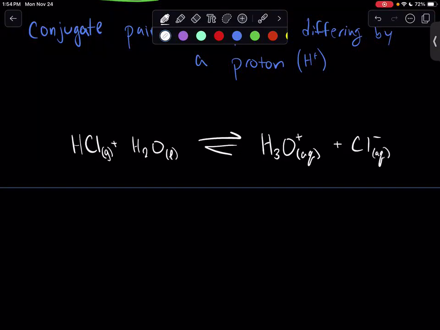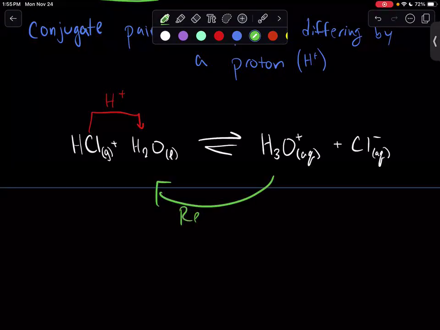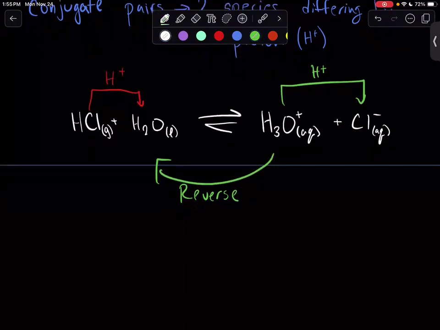As we react these, we notice, once again, our hydrogen was donated and our water accepted that hydrogen. While this reaction we'll find later is not technically reversible, if we were to look at the reverse reaction, we'll find that hydronium is now donating the H plus and chloride is accepting it, meaning hydronium will act as the acid and chloride will act as the base. So we can have these working both ways.